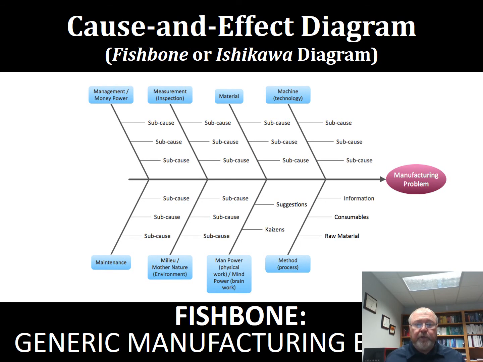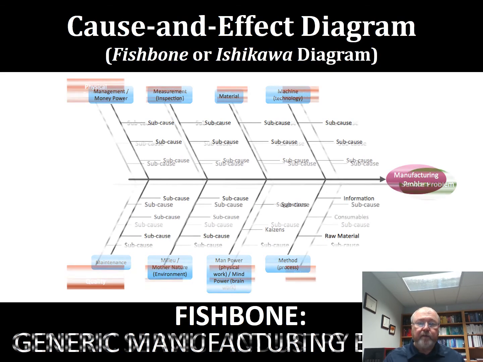Management, which would be the money, power, measurement, materials, equipment or machinery, technology, maintenance, the environment that we talked about. On bottom, it's listed here as milieu or Mother Nature. The human contribution, the human ecology of the organization, which is listed there as manpower, and the methods or the process that you're using. And then out at the end, you see the manufacturing problem or opportunity.